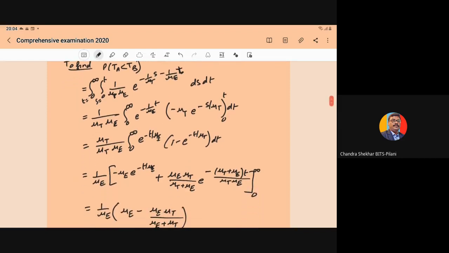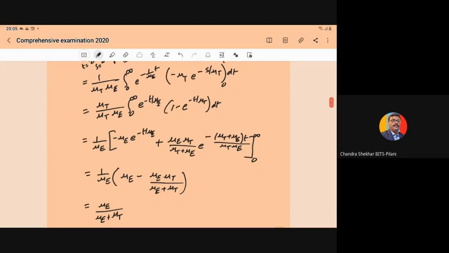So 1 upon mu t and mu e can be taken outside. So here we have the integral 0 to infinity of e to the power minus 1 upon mu e into t, and the first integral with respect to s we have solved. So it will give you minus mu t e to the power minus s upon mu t, limit 0 to t.